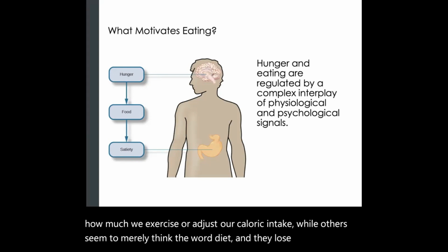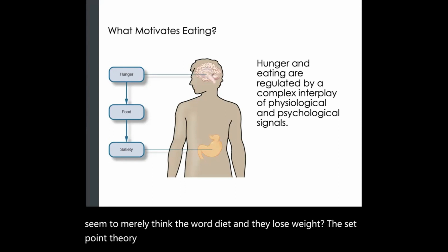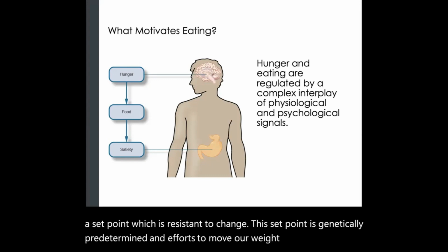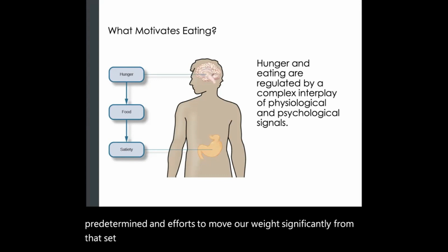The set point theory asserts that individuals have an ideal body weight, or a set point, which is resistant to change. This set point is genetically predetermined, and efforts to move our weight significantly from that set point are resisted by compensatory changes in energy intake and expenditure.